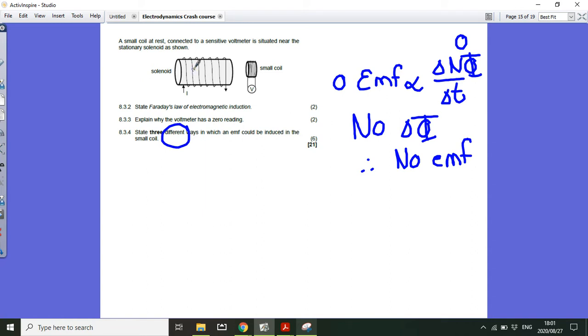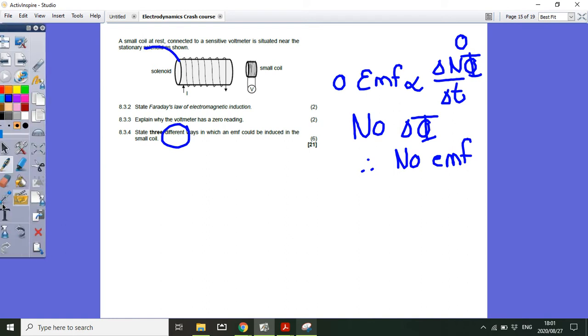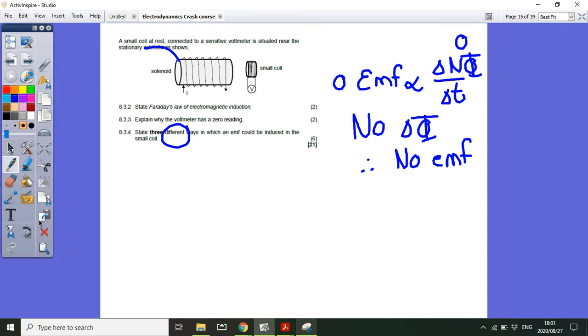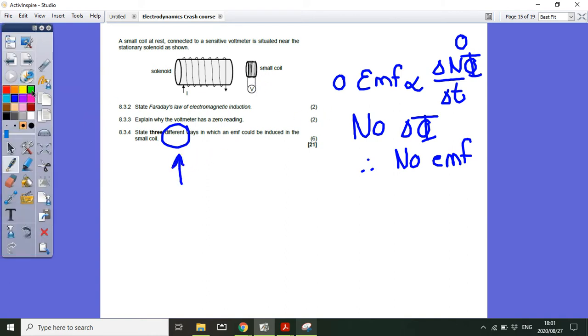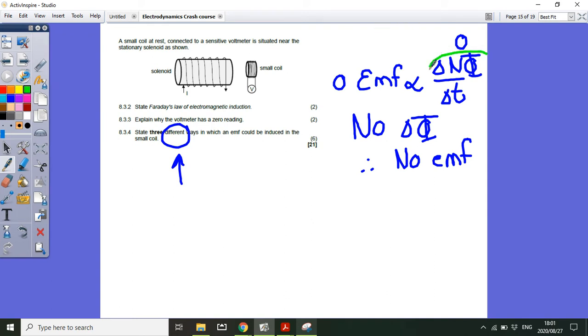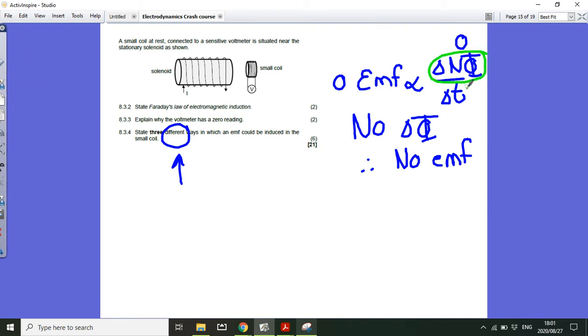You have to say keep on changing this current, because if the current is changing, that means there's a magnetic field forming, disappearing. Then there is a change in the magnetic flux again, and therefore there will be an EMF induced. So you need to think of 3 different ways in which you can create a change in the magnetic flux linkage and therefore induce an EMF.